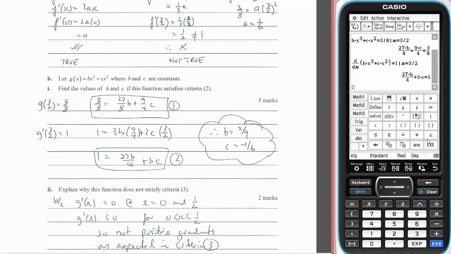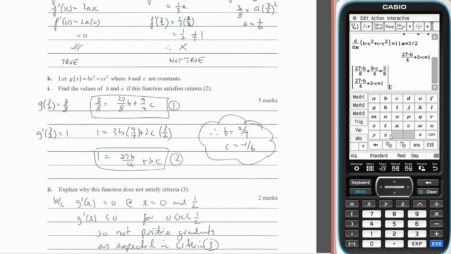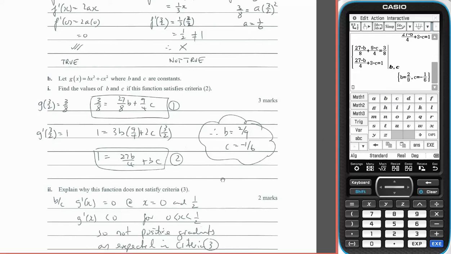And that gives me my second condition. And if I open up simultaneous equations, put that there, and solve it for b comma c, I get b equals 2/9 and c equals negative 1/6.